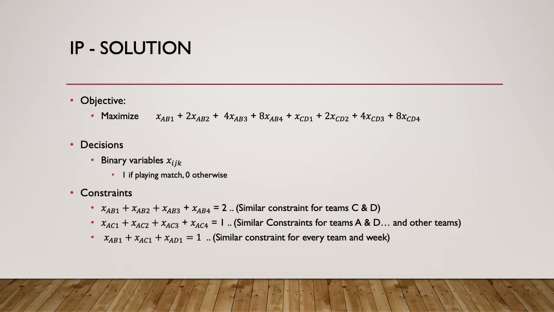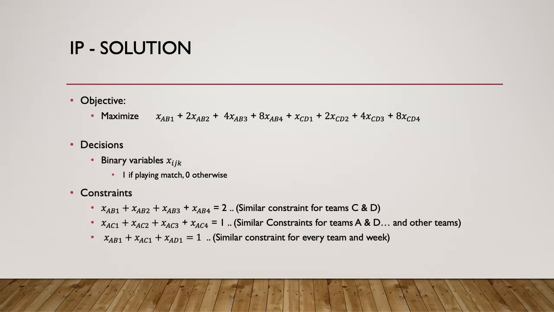That means if teams A and B are playing in slot 1, then the variable x_AB1 is set to 1, and in other slots x_AB is set to 0. In the same way for other matches and teams. If teams B and C are playing in the second slot, then x_CB2 and x_BC2 are set to 1, and in other slots they are 0.